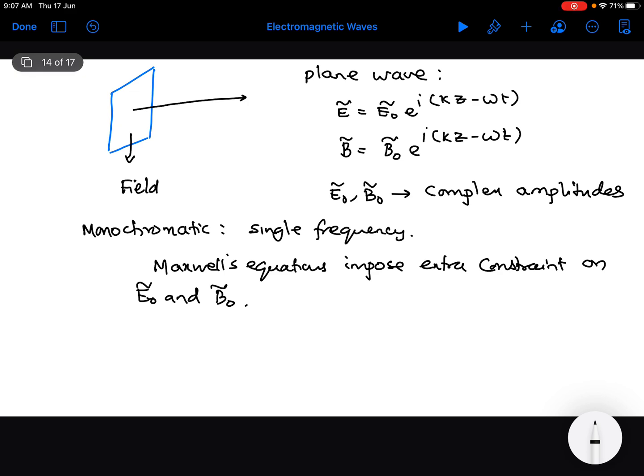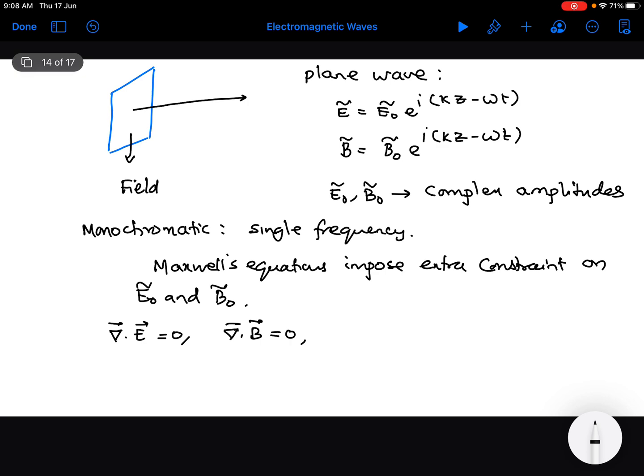Since the divergence of E is 0 and the divergence of B is 0, we say that the z components of E and B do not exist.